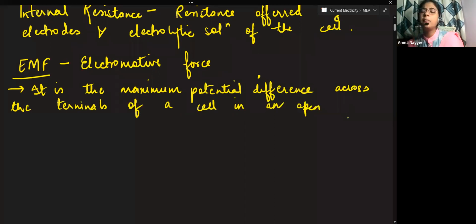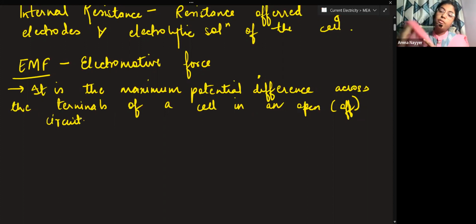Open circuit basically means off circuit, when the current is not flowing. Then the potential difference whose value is maximum, you call it EMF.